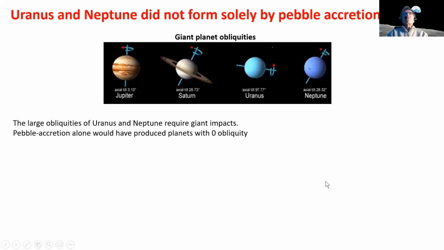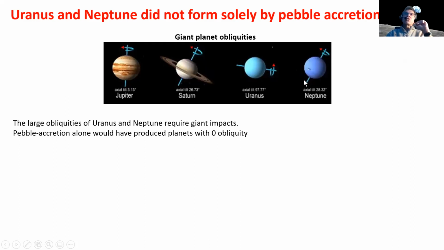The second point I would like to make is that we have empirical evidence that at least Uranus and Neptune did not form solely by pebble accretion. Maybe the cores of Jupiter and Saturn did, but not Uranus and Neptune. Why do I say that? Because if we look at the spin axes of the giant planets, we see that Jupiter has a vertical spin axis, whereas Uranus and Neptune have very inclined spin axes.